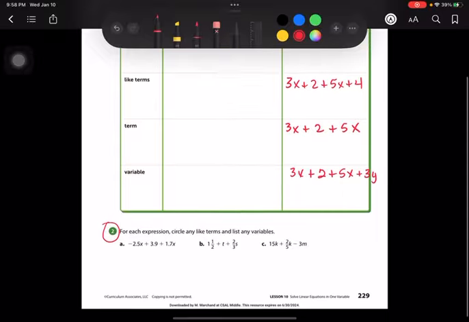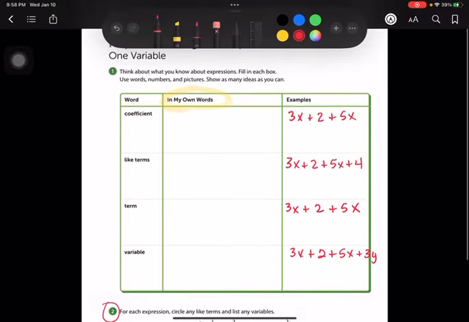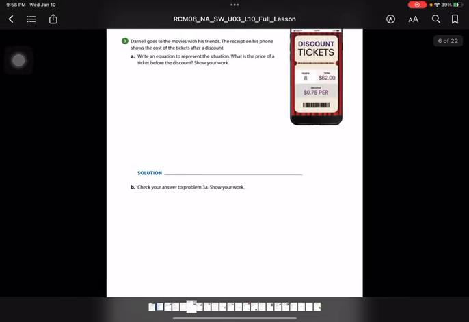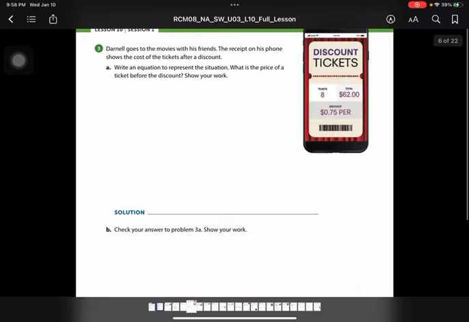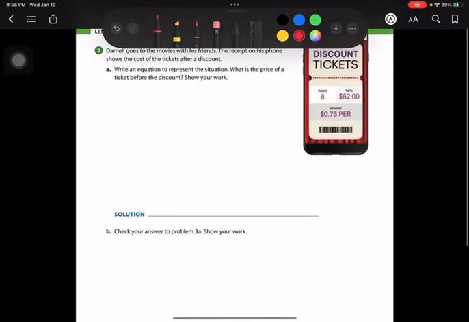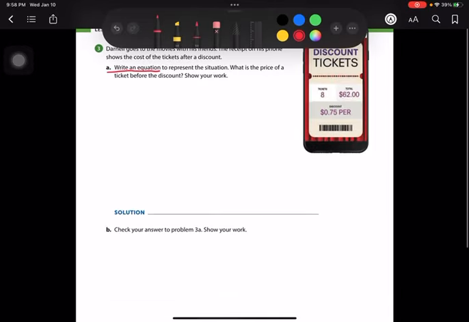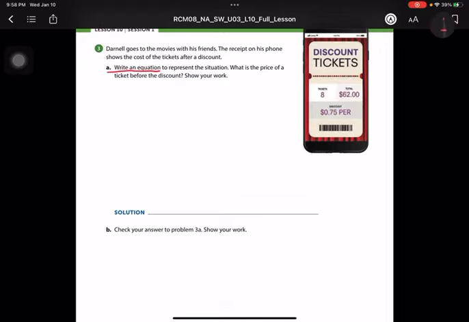All right? And look at the next page, which is page 230. You also are to do this on your own. Okay? You're going to write an equation to represent the situation about the price of the ticket before the discount. Okay? So you can look back on the problems that we did before to see if that'll help you. But I think you'll be confident in doing that. You're going to write the solution on the blank in a complete sentence, and then you're going to check your work.